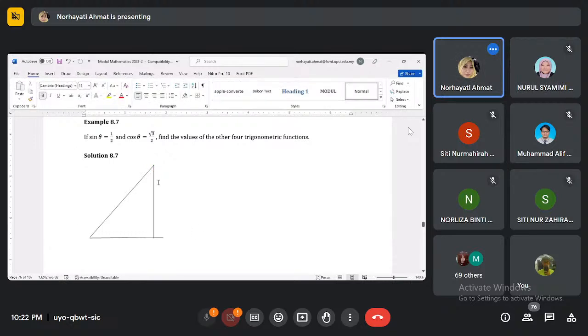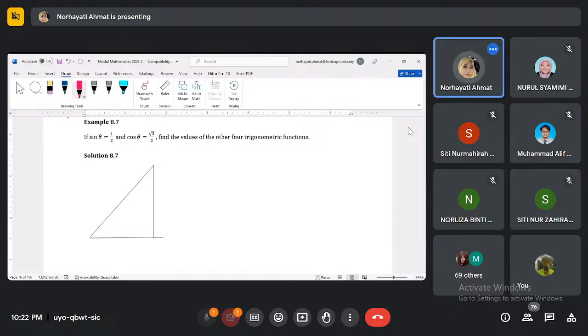So this is the right angle, and this is theta. Sine theta is equal to 1 over 2. So we know sine is opposite over hypotenuse. Opposite is 1, hypotenuse is 2. And cos theta is square root of 3 over 2. Cos is adjacent over hypotenuse.